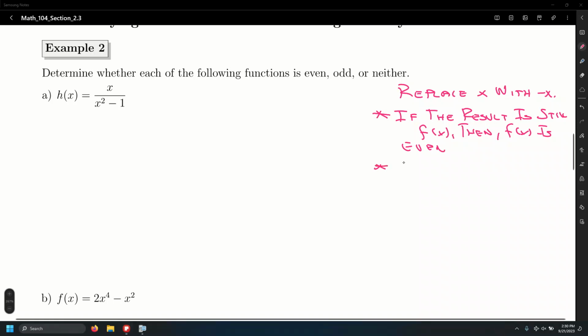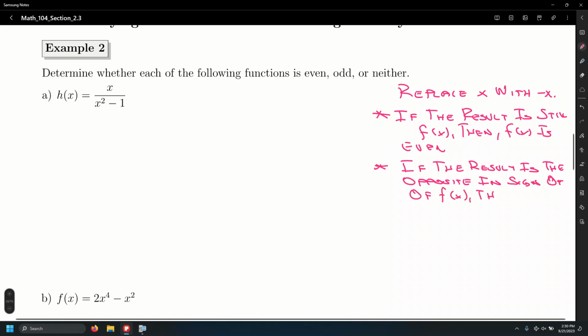Number two, if the result is the opposite in sign of f of x, that is negative f of x, then f of x is odd, else is neither.